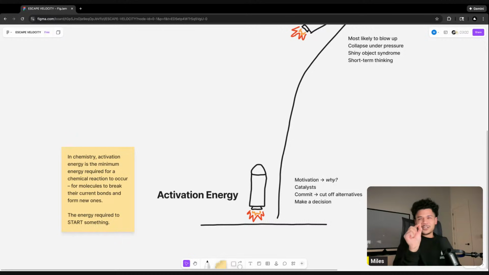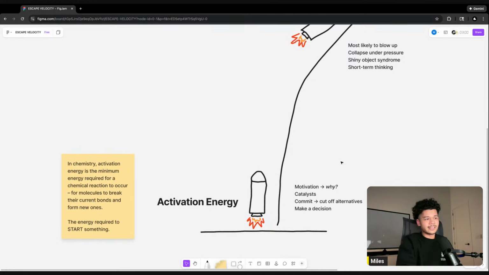What's the minimum energy required for you to begin the workout? Really, all you have to do is put on your workout clothes, put on your shoes, and then get in the car. And once you do that, the new bonds have broken apart and the new ones are forming and the new reaction is underway. Very soon you will end up at the gym working out, you see? So it's a useful metaphor in other areas of your life, and we'll apply it to dog training in this video because it's an incredibly important concept.